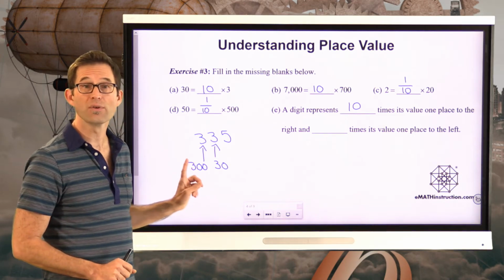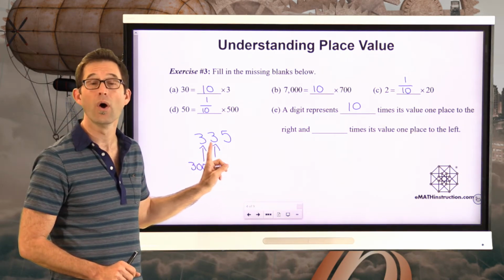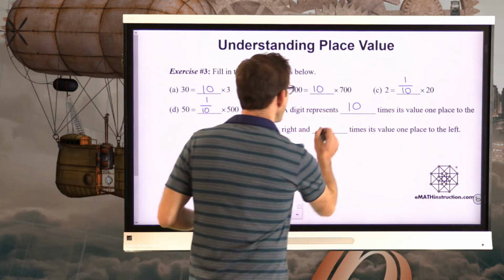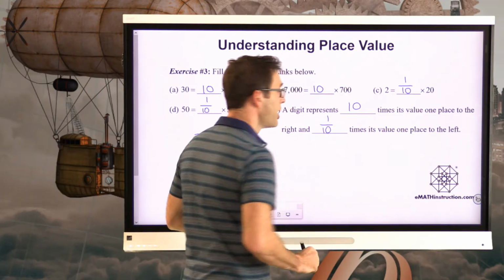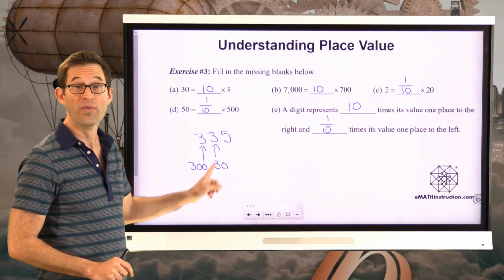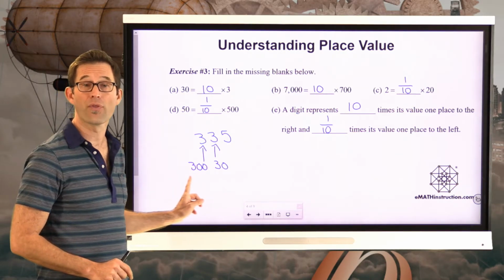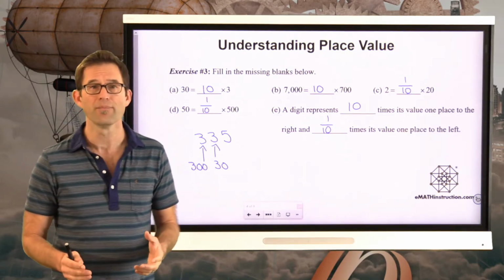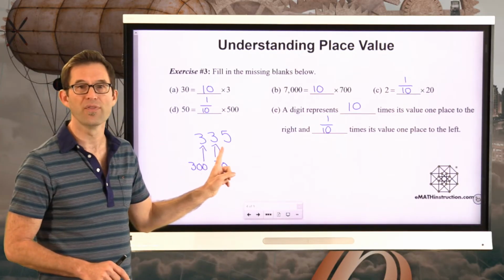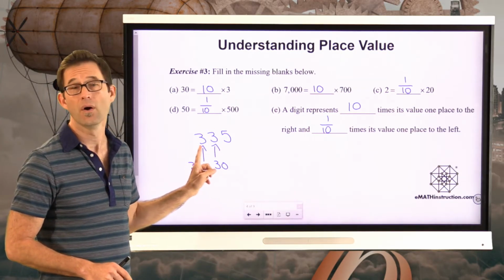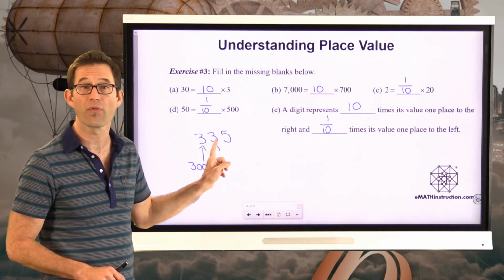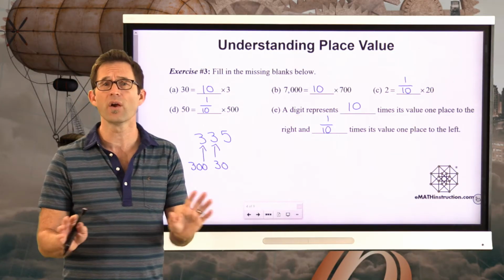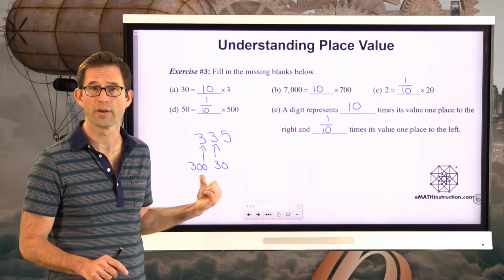So a digit always represents 10 times as much as it would one place to the right, and likewise 1/10 times its value one place to the left. In other words, this 30 represents only 1/10 of the 300, all right? And again, you've known this for quite some time, but it also allows us to say, if I multiply this particular one by 10, I get this. Or if I multiply this particular one by 1/10, I go back to that one. All right? They're very different, right? These two 3's represent two very different things, 30 versus 300.